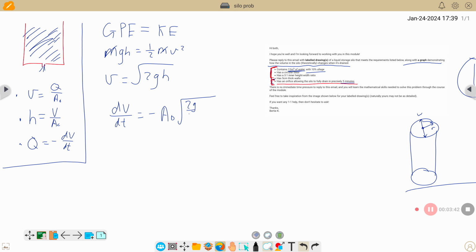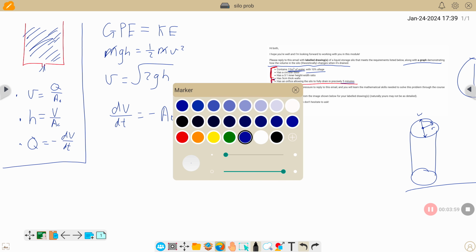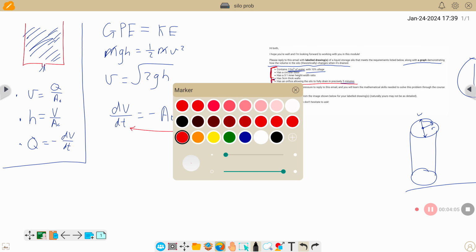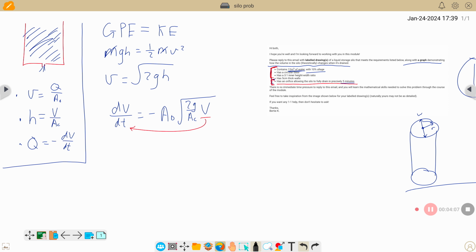I can look at this and think, okay, well, this is a differential equation. How do you solve differential equations? Well, you might want to have a go at integrating. So first of all, I'm going to move this V over to the other side, as hopefully you'll understand why in just a sec. And that will leave me with something like this.